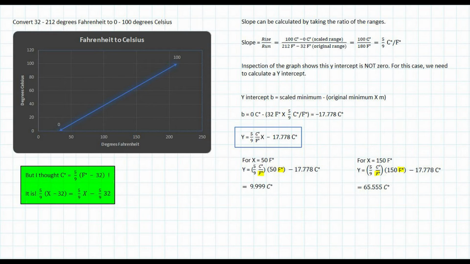Some of you might be aware that 50 degrees Fahrenheit is equal to 10 degrees C and wonder why we're off by this small fraction. The difference lies in rounding error, in the difference between the decimal approximation of our y-intercept and the fractional exact number for our y-intercept.